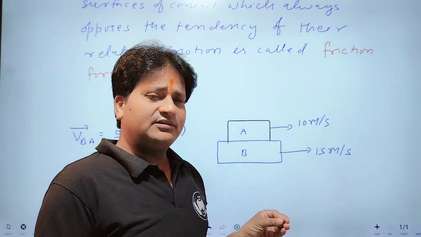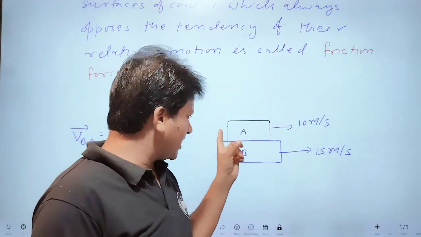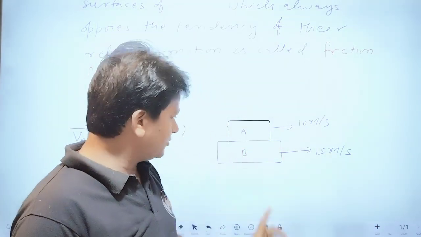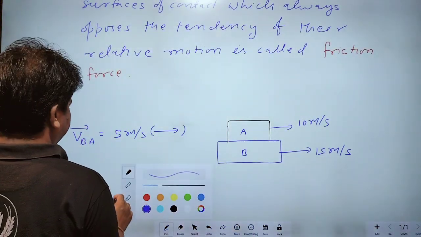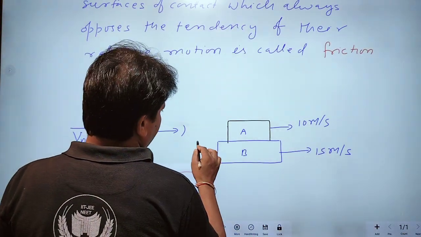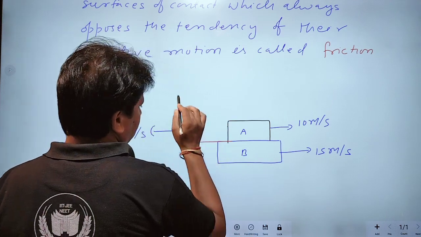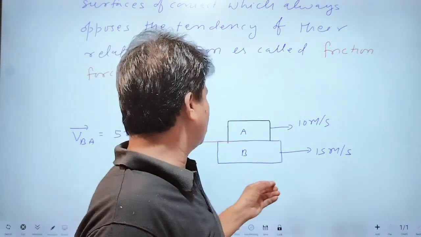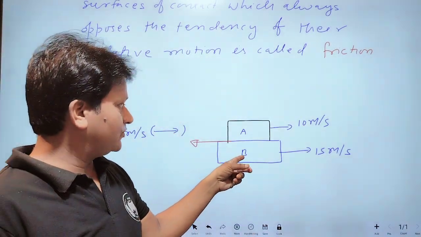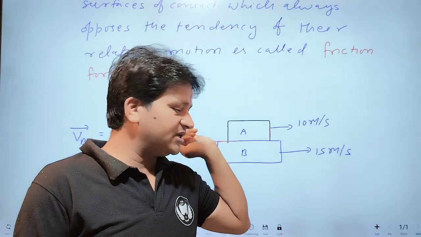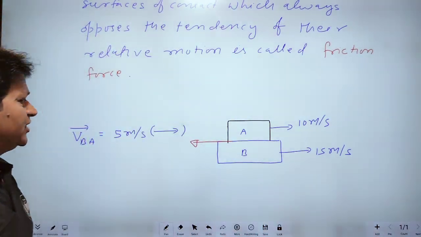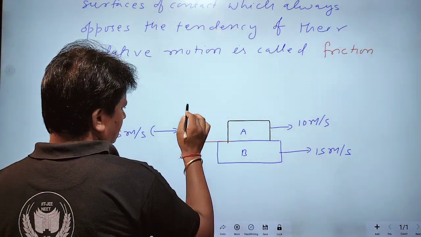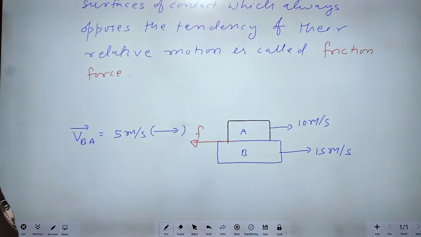Therefore, the friction force acting on the block B will be in the backward direction, meaning leftward direction, because the relative velocity of B with respect to A is in the forward direction and friction force always opposes the relative motion of surfaces of contact.